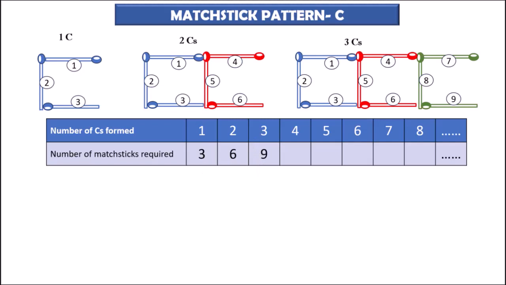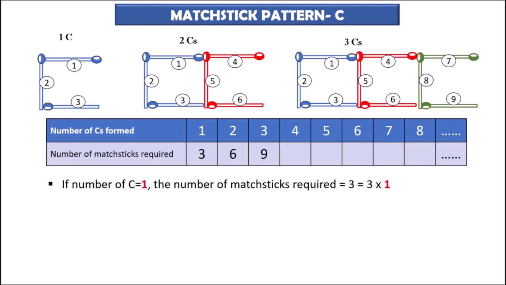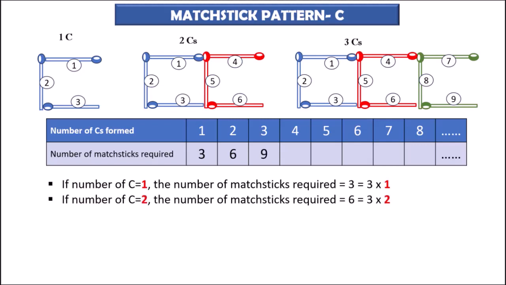So now we will try to find out the rule relating the number of C's formed to the number of matchsticks required. We see that if the number of C is equal to 1, the number of matchsticks required is equal to 3 into 1, that is 3. If the number of C is 2, the number of matchsticks required will become 2 times 3, that is 6.